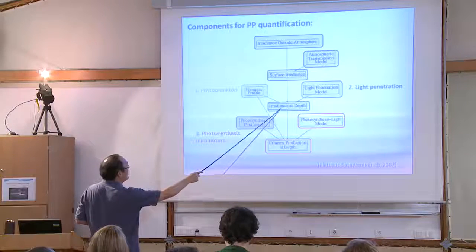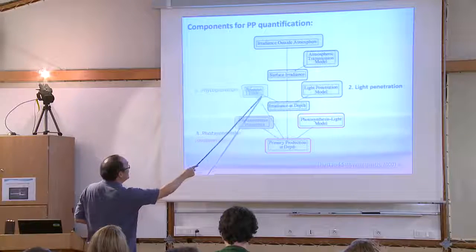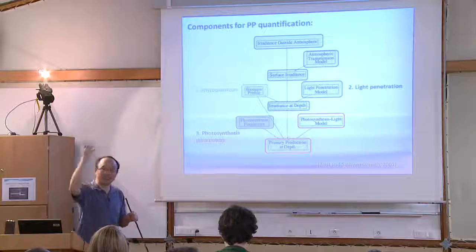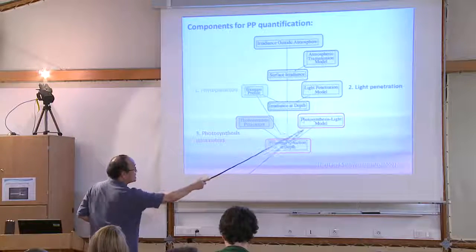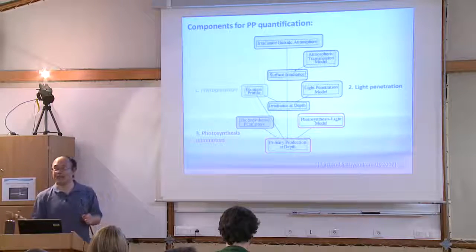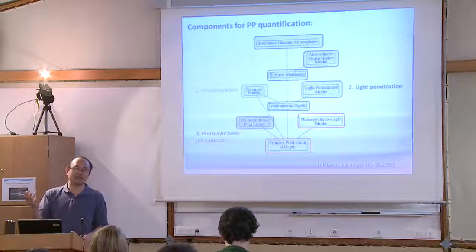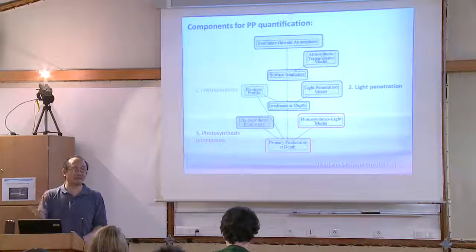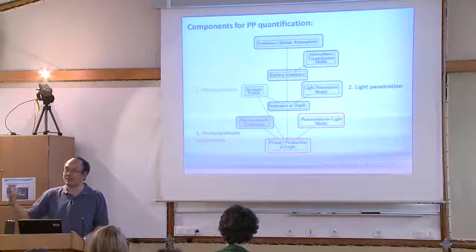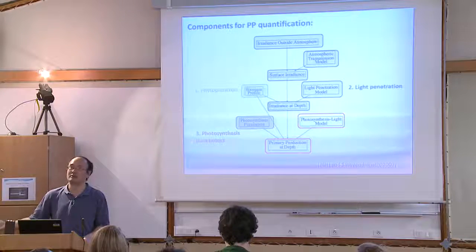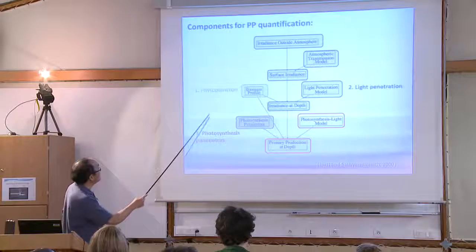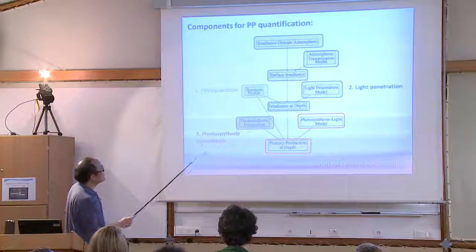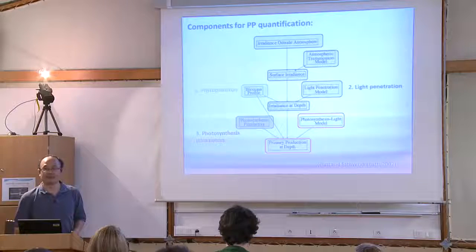For photosynthesis, we need the biomass profile. Basically, we need the phytoplankton profile. We also need a photosynthesis light model. Basically, if we have 100 photons absorbed by phytoplankton, how many of them will be converted to chemical energy? That's photosynthesis. So actually, what we really need is phytoplankton and the photosynthesis parameters.